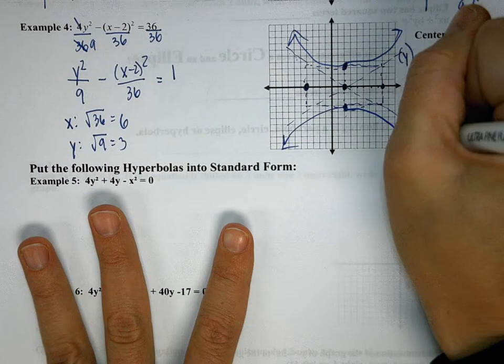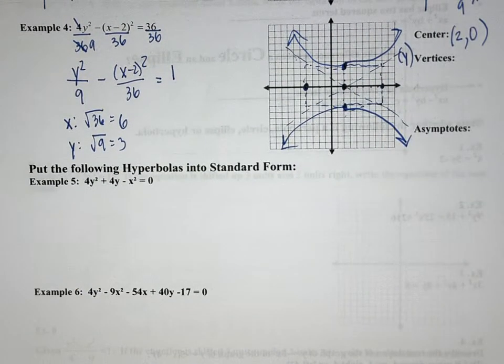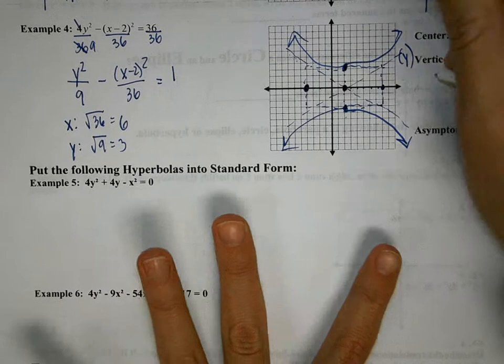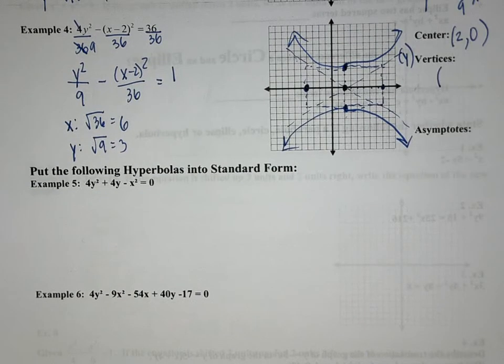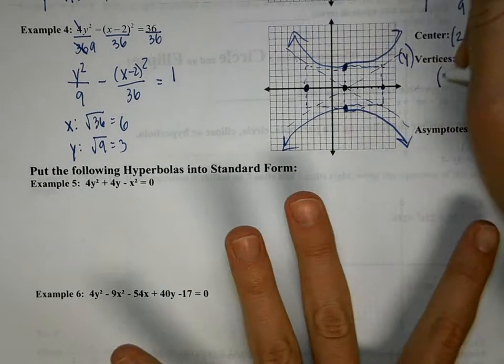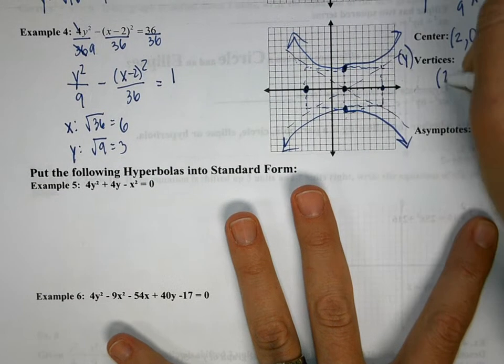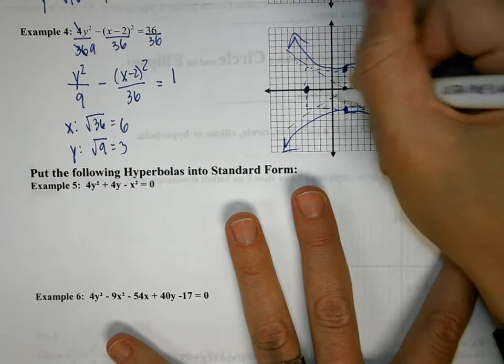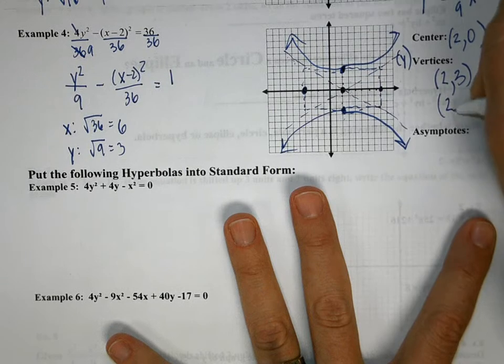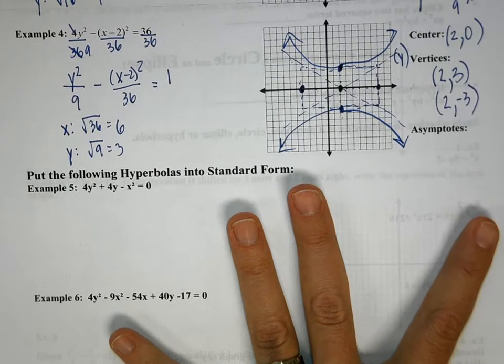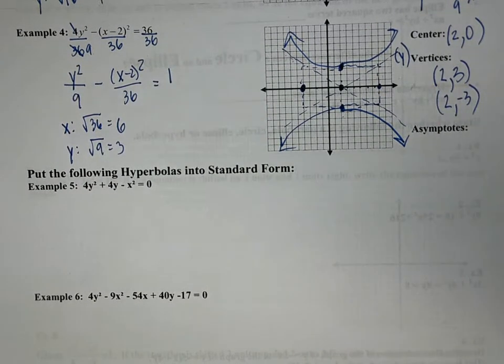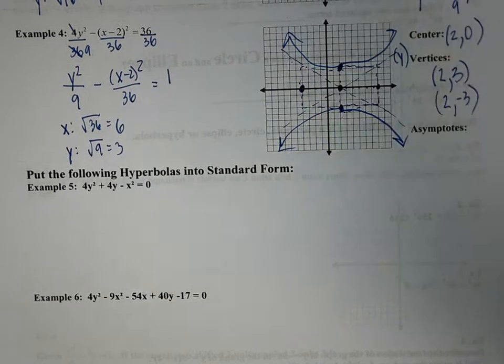And did you guys find the vertices? 2, 3 and 2, -3. Very good. This point is right 2, up 3, and this is right 2, down 3. So make sure you're really paying attention to where these points are if your center is not at 0, 0.